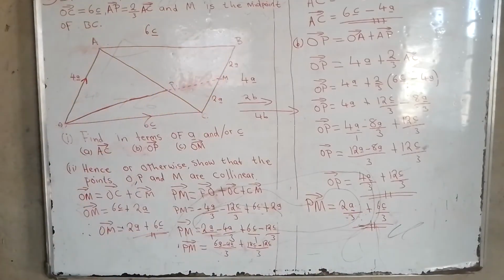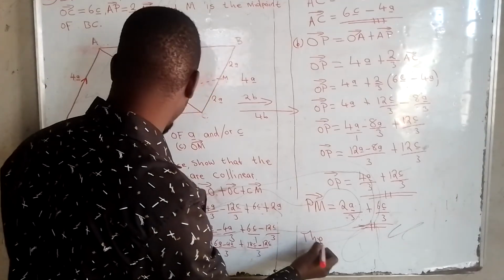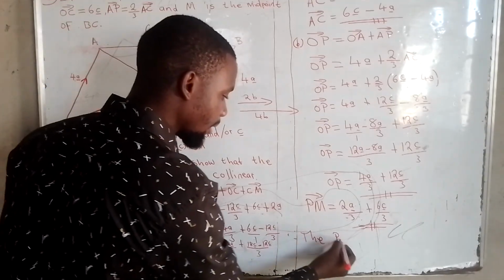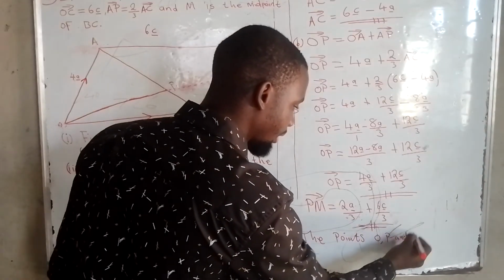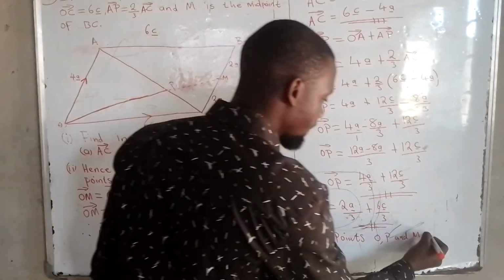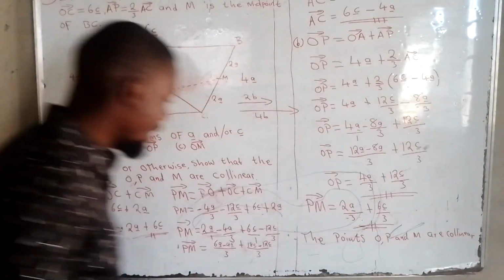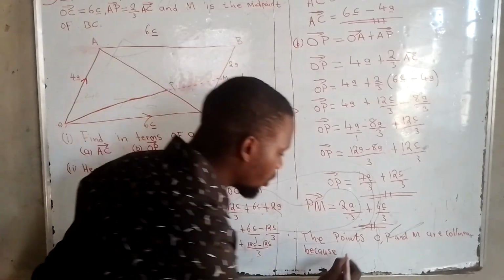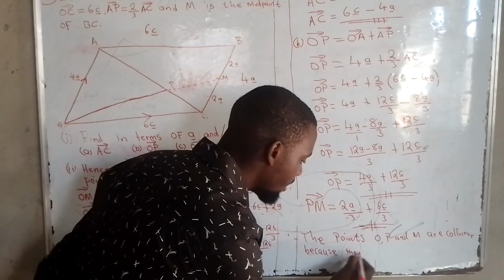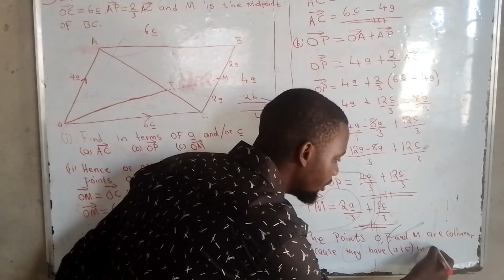So which means these 3 points are lying on a straight line, or they are collinear. So you will say, therefore, the points O, P and M are collinear, and you give a reason: because they have A plus C in common.